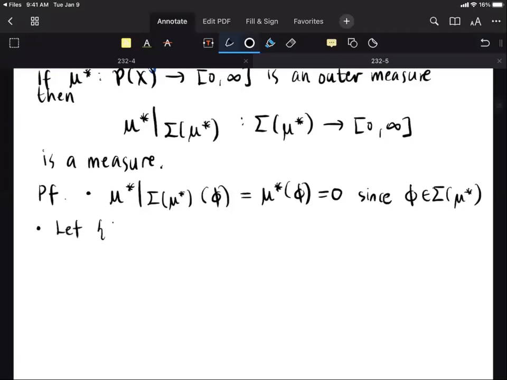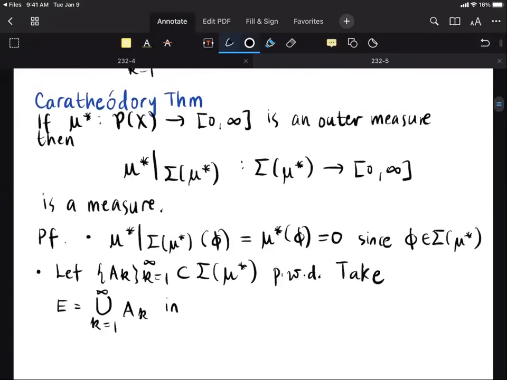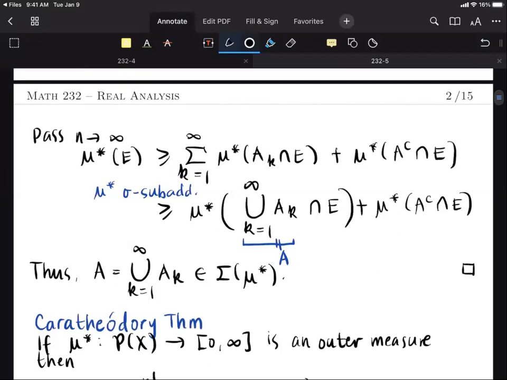Next, suppose you consider a pairwise disjoint union of measurable sets A sub k. Now, reviewing our proof a while ago, if we take E to be the union, going back with the proof, let us consider, for instance, this inequality here.